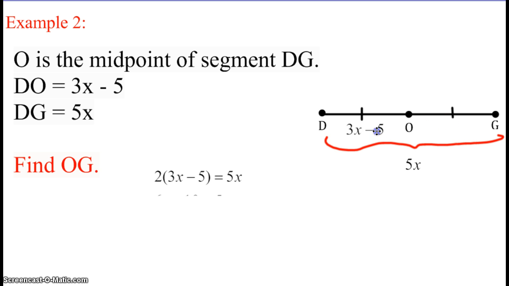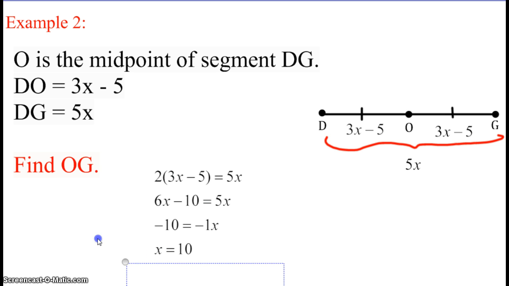You could also take 3x minus 5 and put it here too, since they're the same. So if you're somebody who needs to write out the whole equation, do it. But remembering our operations, we multiply, so we get 6x minus 10 equals 5x. If I bring this over, I have to bring the 6 over, it's negative 1 equals negative 10, and x is 10. That's great, that's x.